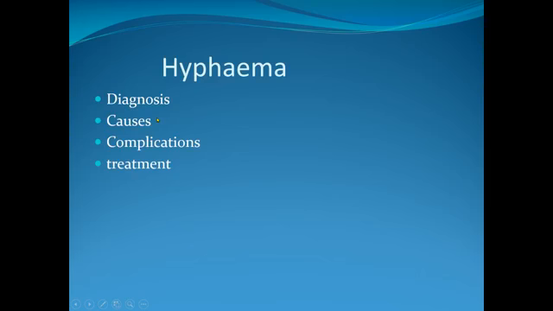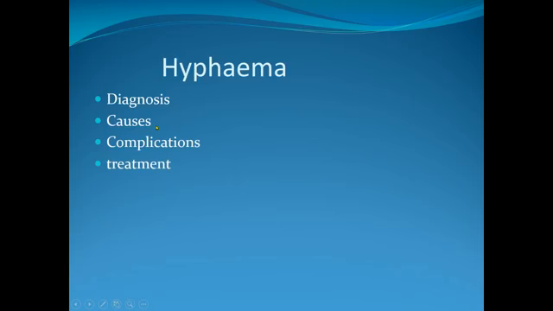Causes: trauma during intraocular surgery, which I discussed in my lecture class. I repeat again, what are the causes of hyphema? Trauma, any trauma from outside or during intraocular surgery, and sometimes herpetic uveitis may cause hyphema.